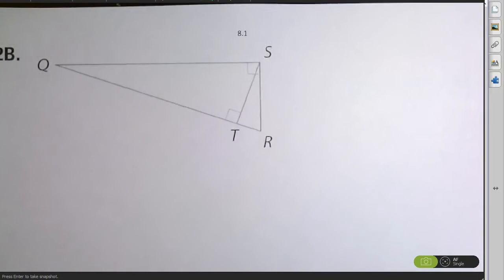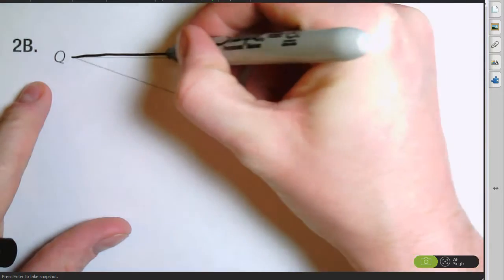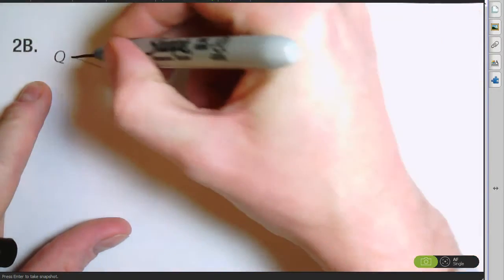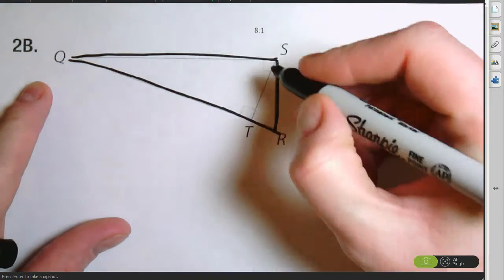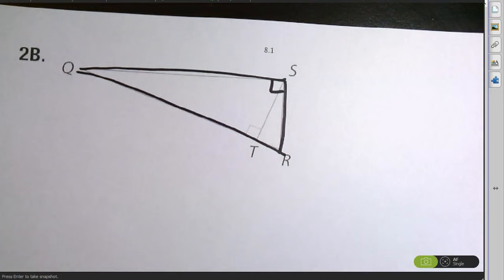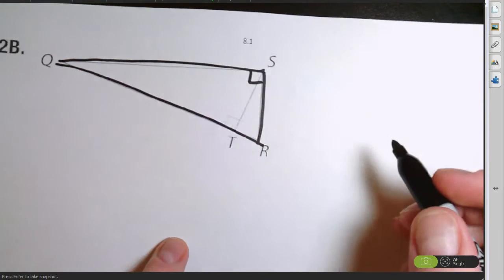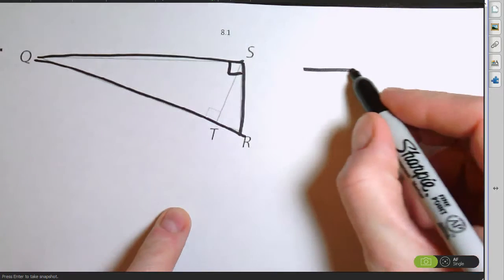All right, so example 2b then. Example 2b is just, hey, draw the three triangles. So again, here's how I go about doing it. Try to make this as quick as possible. I have the big triangle with the right angle here, and then I just draw two more triangles just like it, just a little smaller.